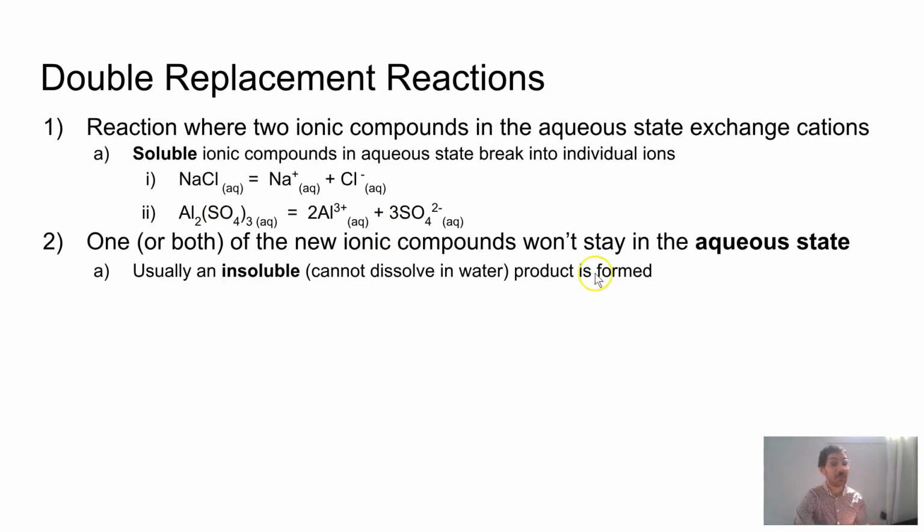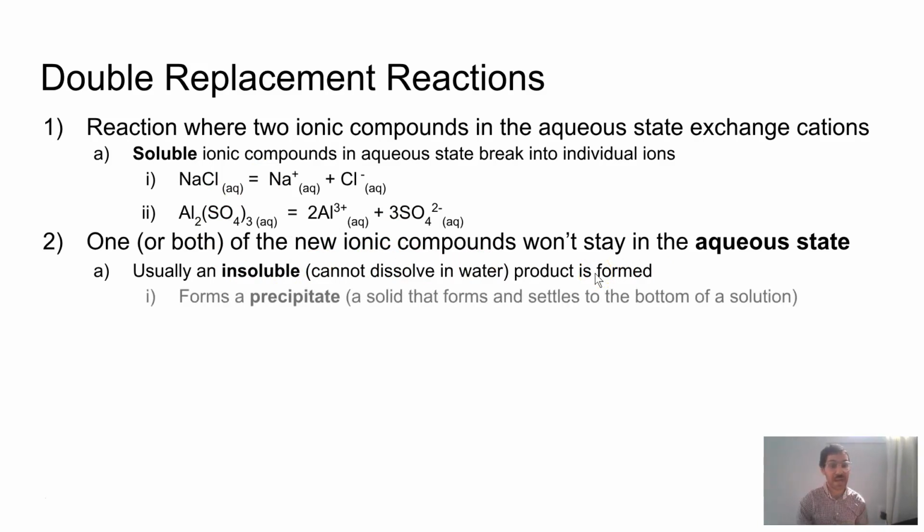So one insoluble product is usually what's going to make a double replacement reaction go down. And this means that it's going to form a precipitate, a solid that forms and settles at the bottom of the solution. So if you mix two chemicals and suddenly combine to make one that is insoluble, it cannot dissolve in water, so it suddenly forms a solid and then kind of rains down to the bottom of the container.